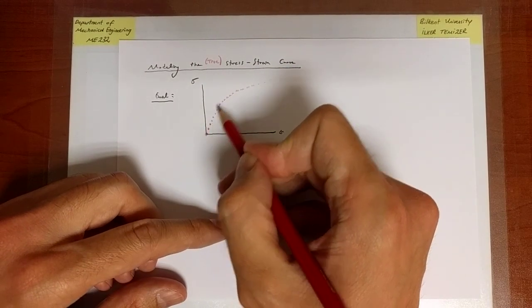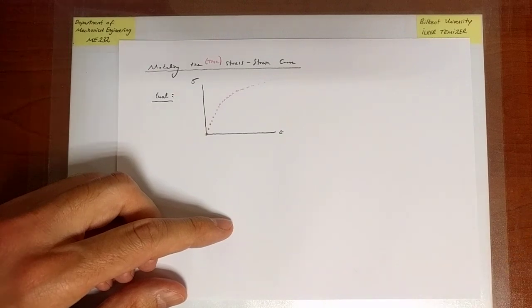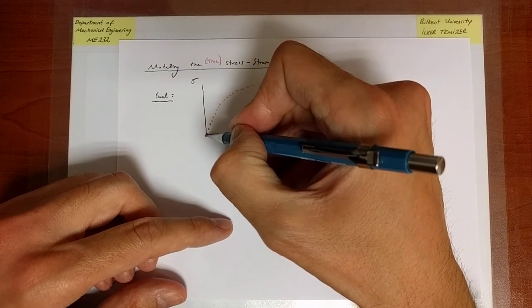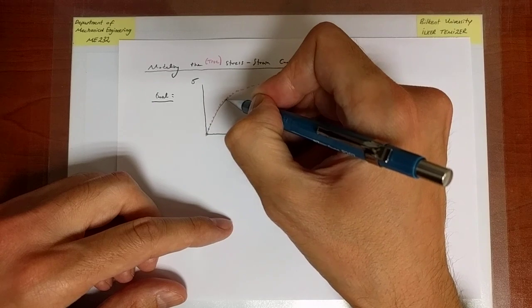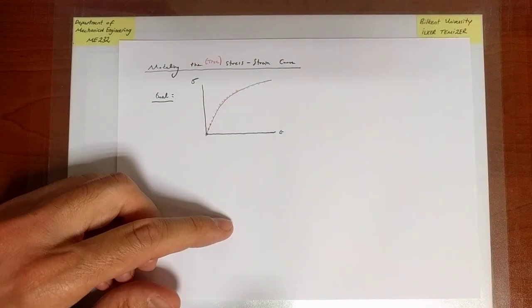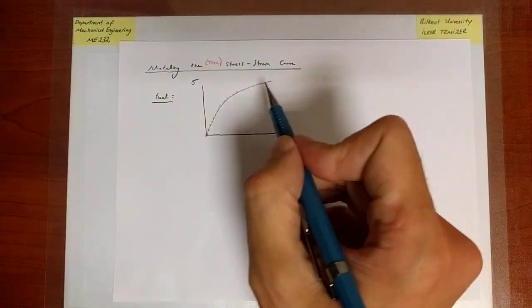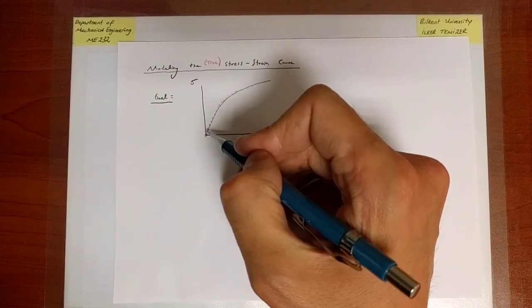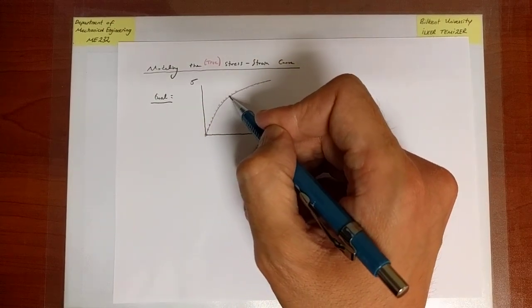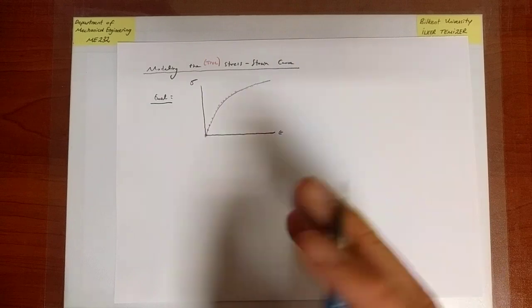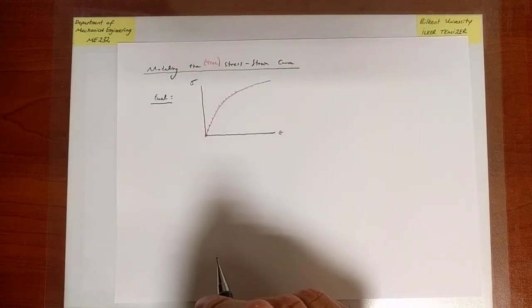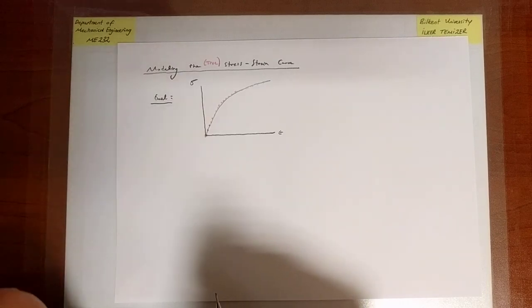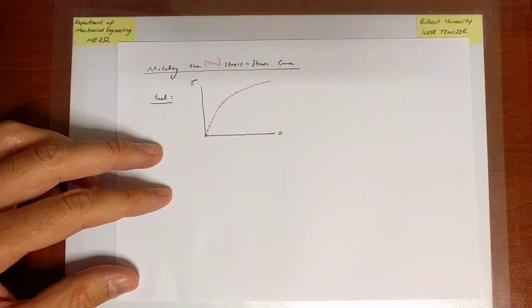But really you have tons of points, and when you have a data sheet and you plot it, you have so many points that when you connect them with tiny lines, you observe a curve, which is our engineering stress-strain curve.